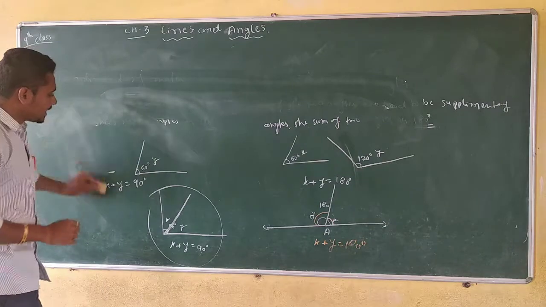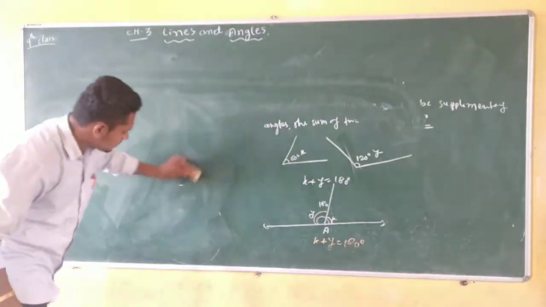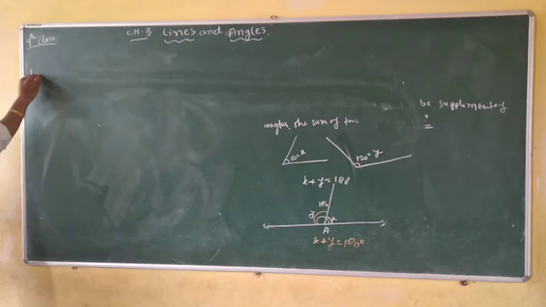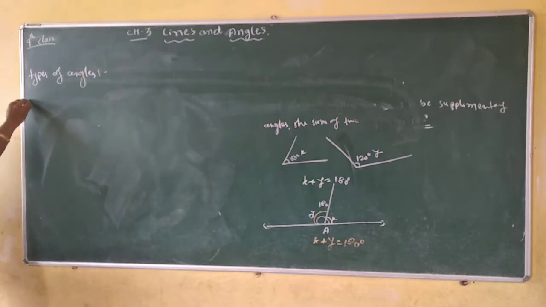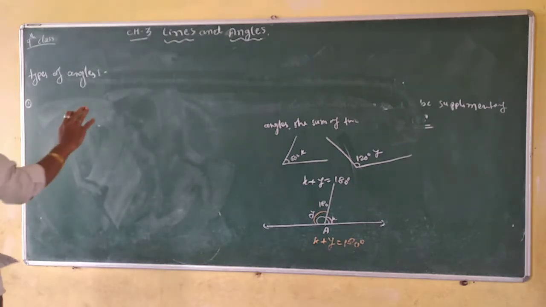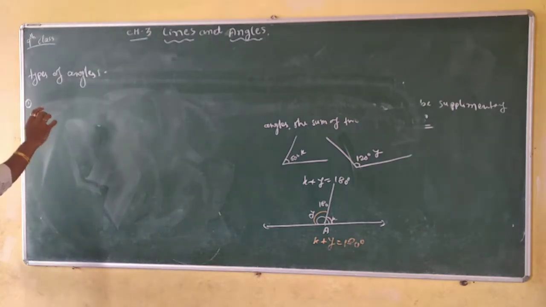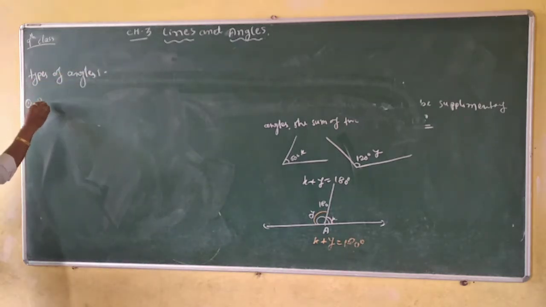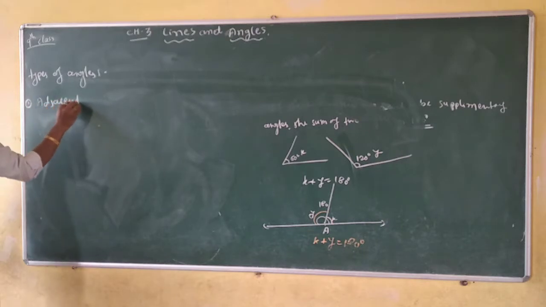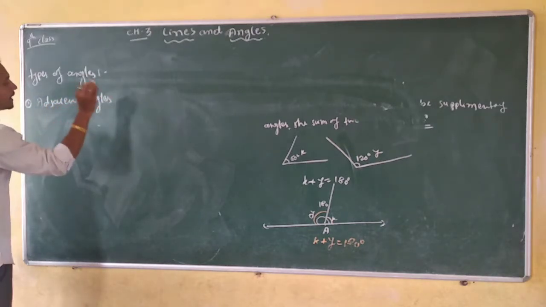Types of angles. We have covered complementary angles and supplementary angles. Now the next type of angle is adjacent angles.